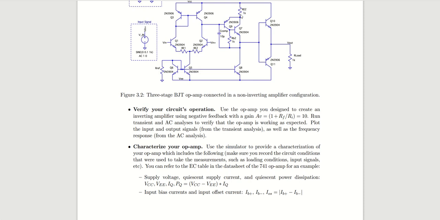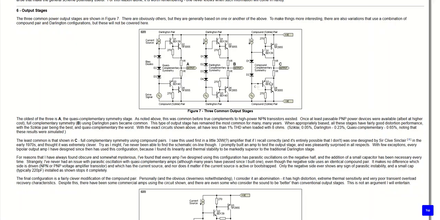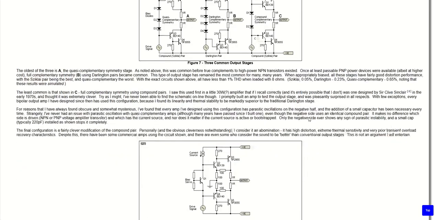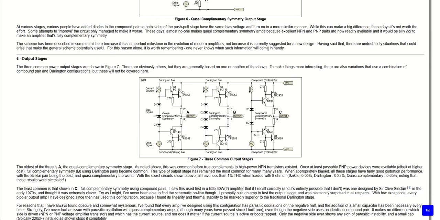We have a 1K RE resistor, we have the compensating capacitor, and we have some resistance between the base and the emitter of the NPN. And that's exactly what's going on here. So go ahead and read through this, try to get some key takeaways, and I'll get back to the output stage because that's what I wanted to talk about next.